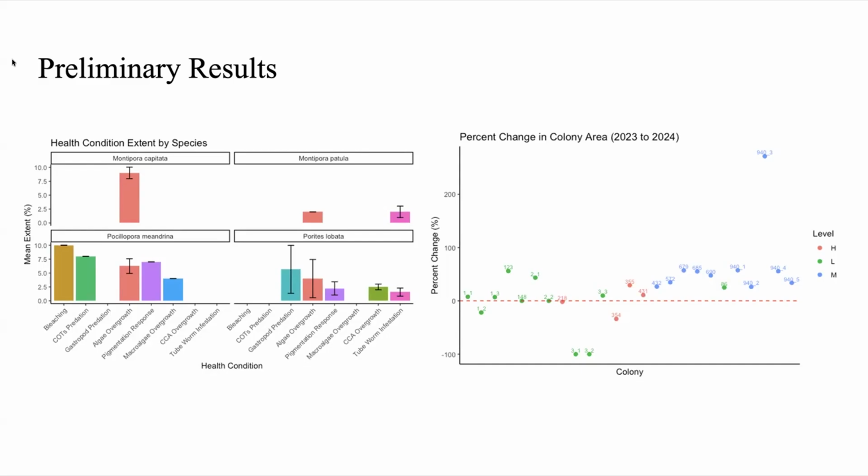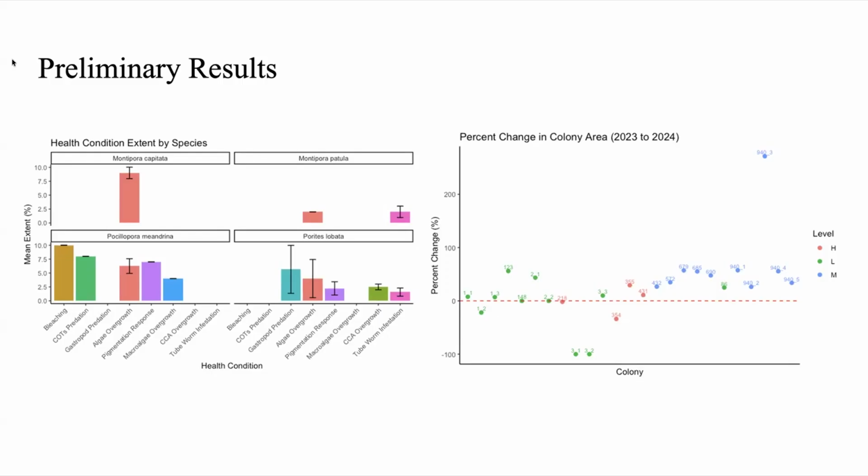And you can see that meandrina and lobata are being affected by a lot more different things than the other 2 species of coral. And then on the right-hand side, you get the data that I've taken from the shapefiles in ArcGIS. And this shows how much, from 2023 to 2024, the 3D area of each individual colony has changed.